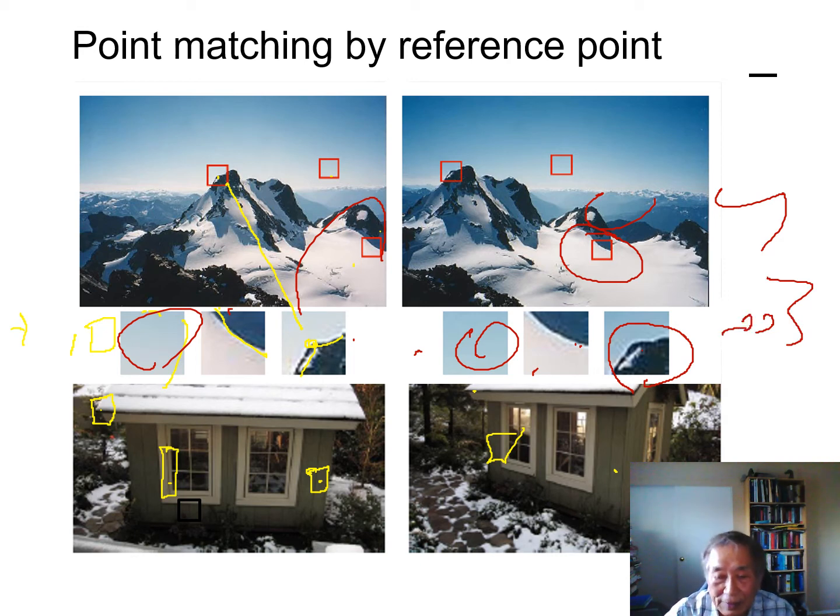In court or in the police, depending on the country, when you see 13 points of similarity or matching, then they say that's the same. You don't have to match everything perfectly.